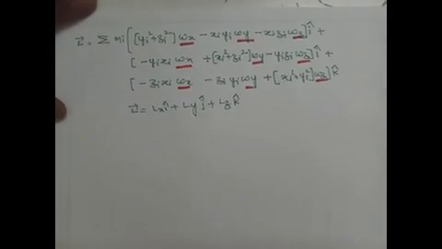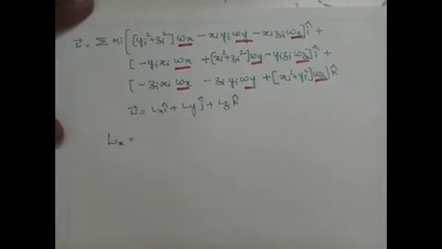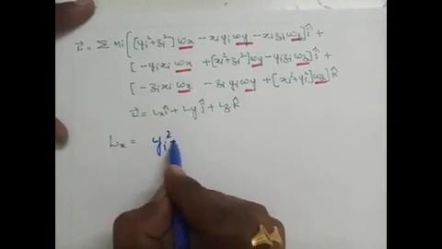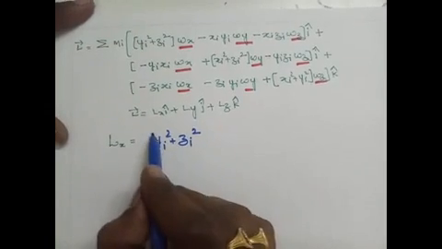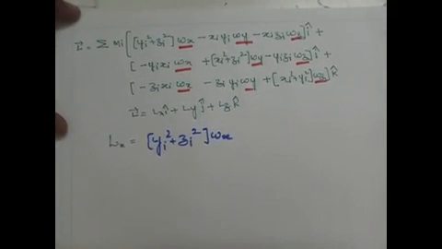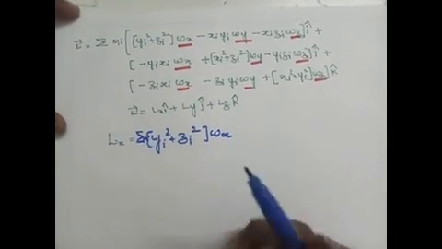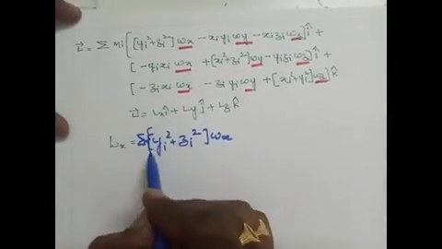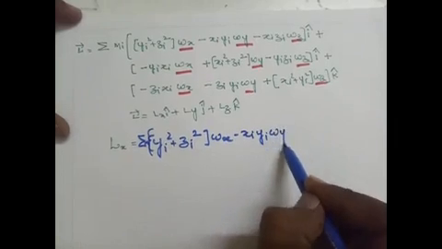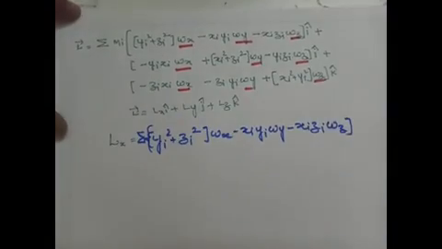Comparing on both sides ith, jth, kth terms, see there what we get from above equation, we'll get Lx is equal to summation mi, yi square plus zi square into omega x, minus xi yi omega y minus xi zi omega z, okay, that is Lx term.